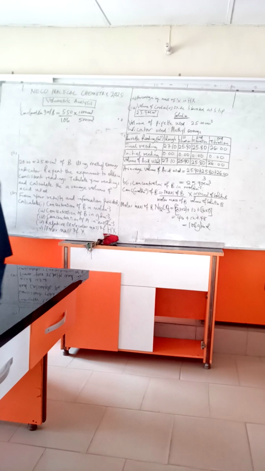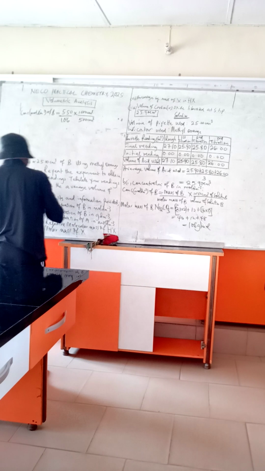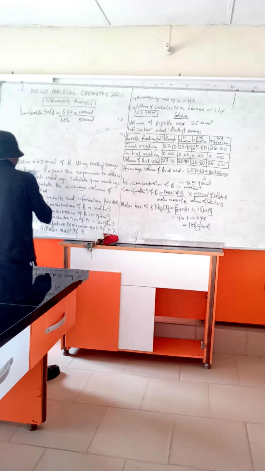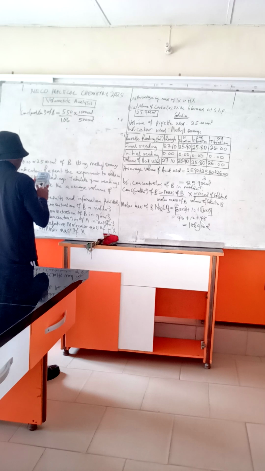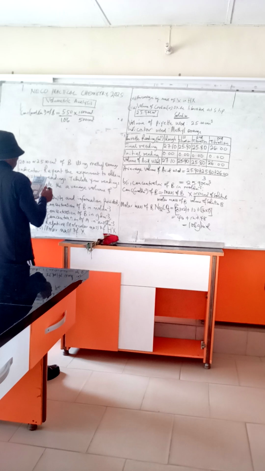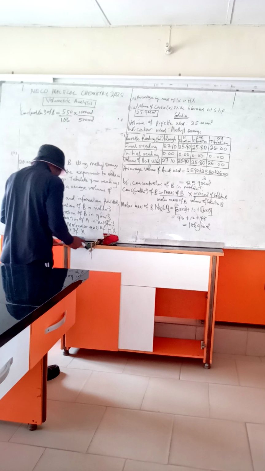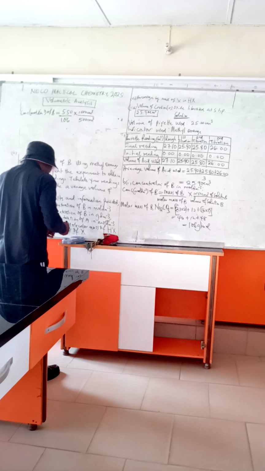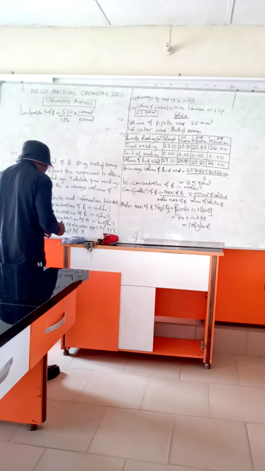If you punch your calculator very well, that is 5.50 divided by 106, then multiply by 2. That will give us 0.103.